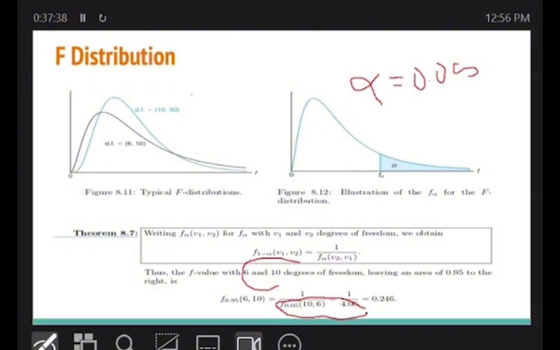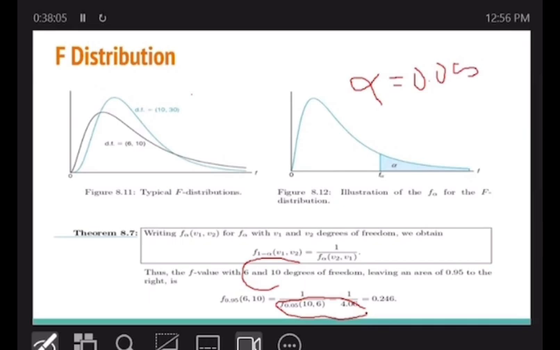F at 0.05 with 10, 6 will be 4.06. But if I want to do confidence level, confidence level is 1 minus alpha, which is going to be 0.9, all those higher values. So if I want F at 0.95 of 6, 10, because this is not in the table, I'm going to switch the degrees of freedom.